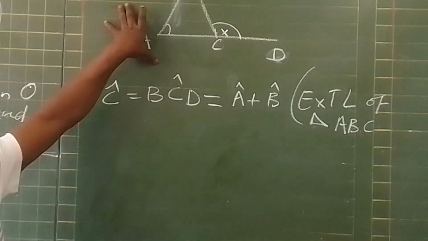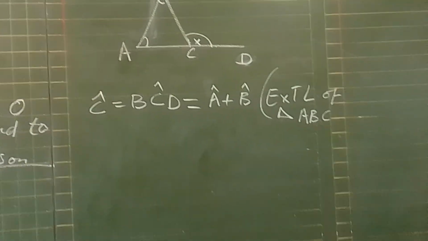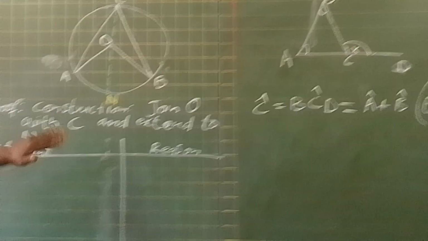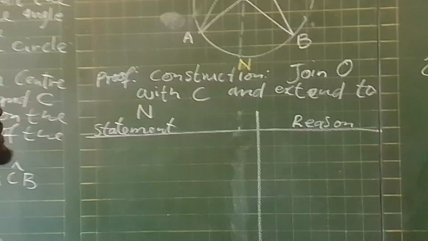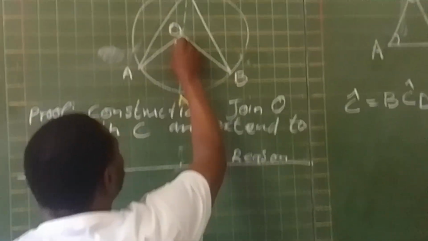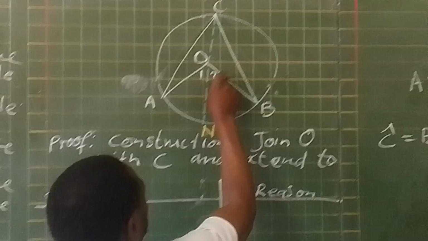This is the exercise that we are going to implement in this problem. Now let's start by saying this is O1, this is O2.